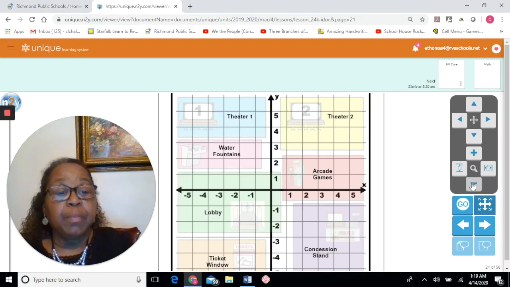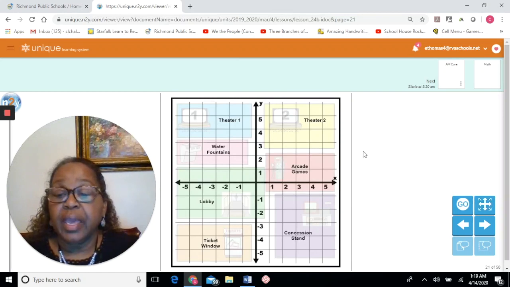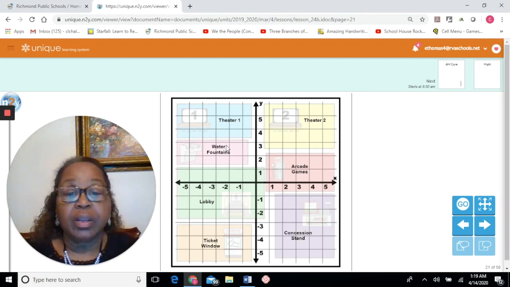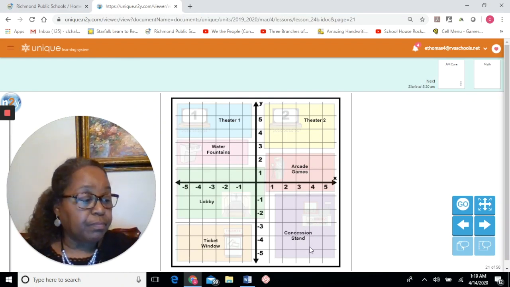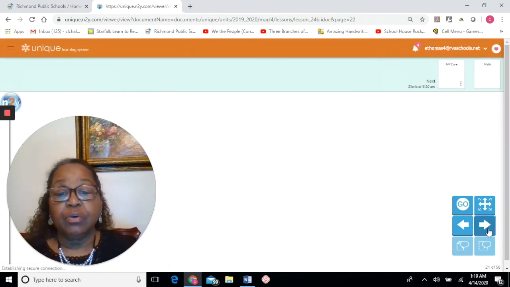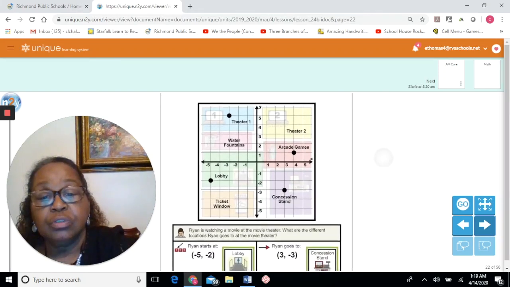Over top of the map, we have put our coordinate plane, and we should be able to plot points to tell us where the different areas of the movie theater are: Theater 1, Theater 2, the water fountain, the arcade games, the lobby, the ticket window, and the concession stand. Using coordinate points, we should be able to find those areas. So let's see what type of activity we can do to find the points.